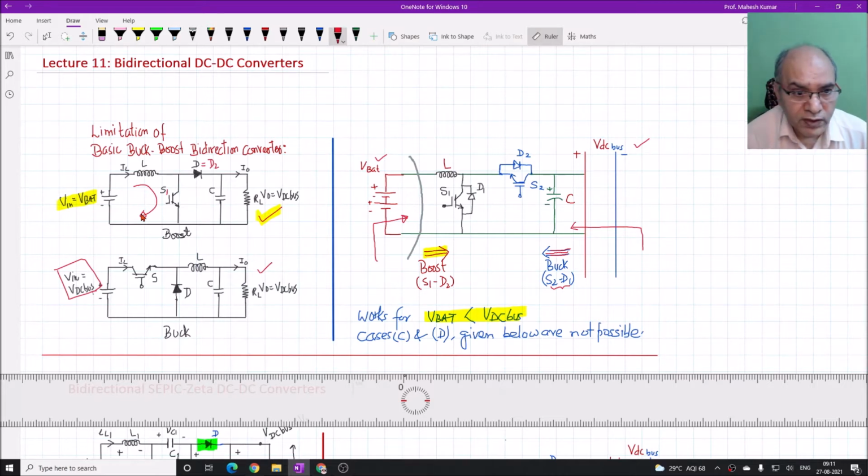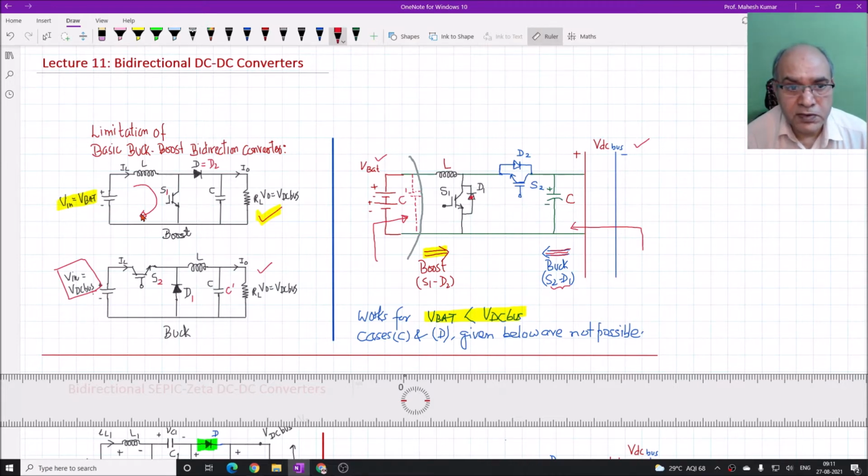The switch S2 becomes S. Then it will see the diode, this diode D1, and then it will see the inductance and then the capacitance. This capacitance is part of the battery, you can say. So this capacitance is different from that capacitance. This capacitance is C dash.